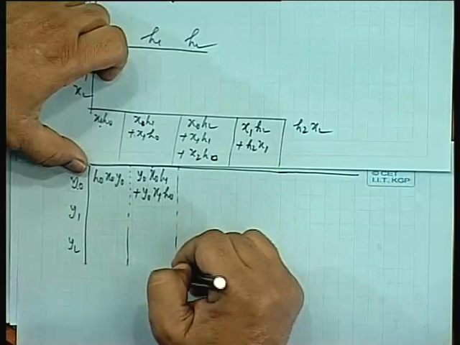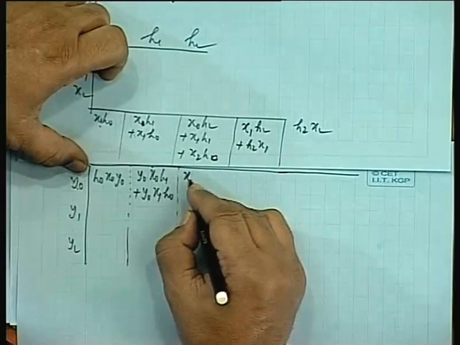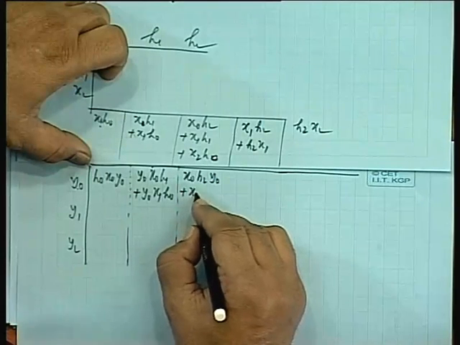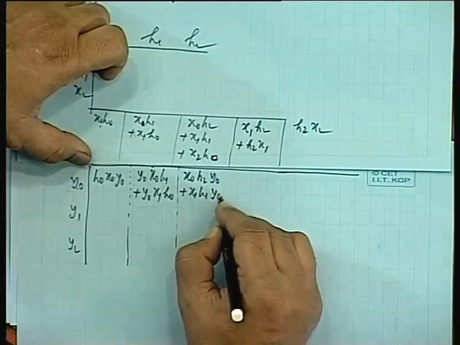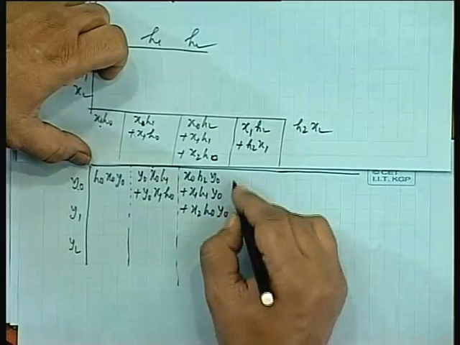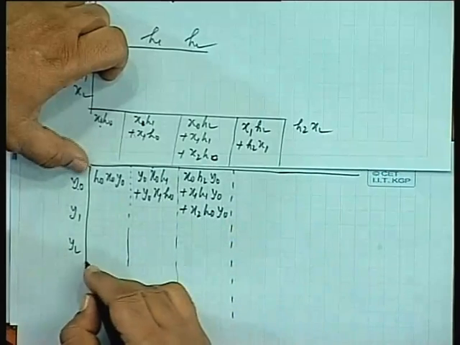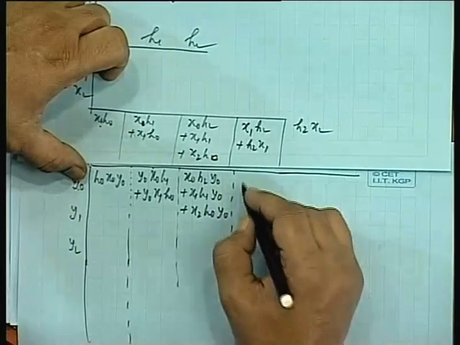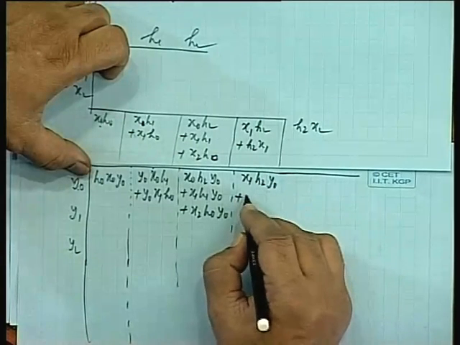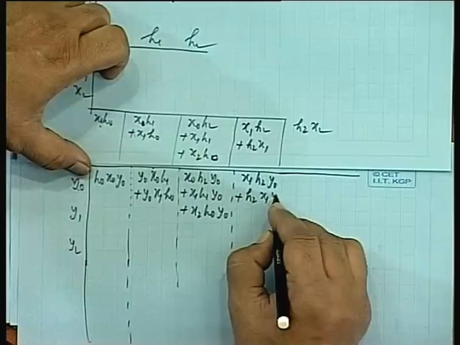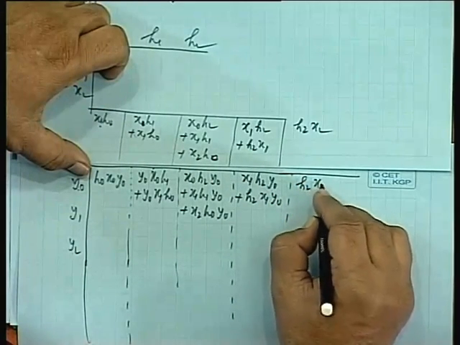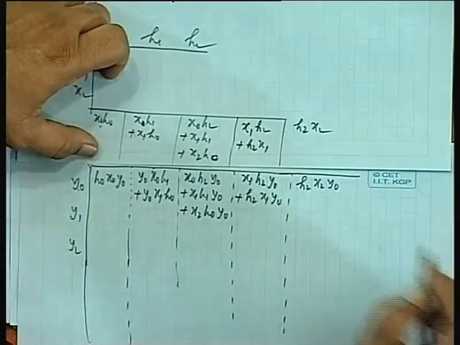Next, x0, h2, y0 plus x1, h1, y0 plus x2, h0, y0. Agreed? Then x1, h2, y0 plus h2, x1, y0. Next, h2, x2 y0. Okay.